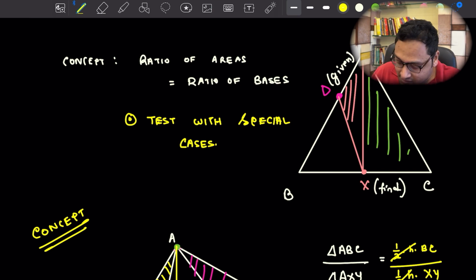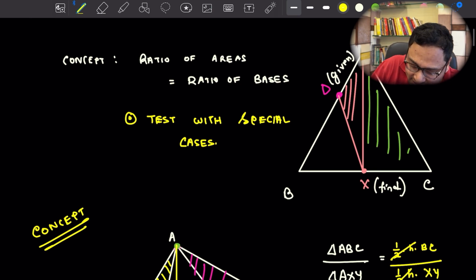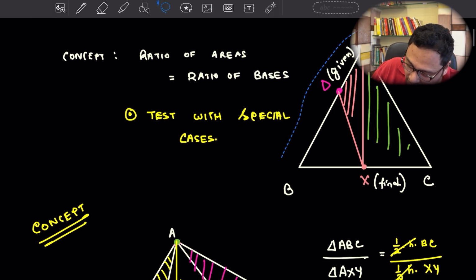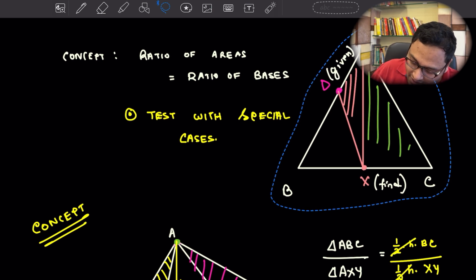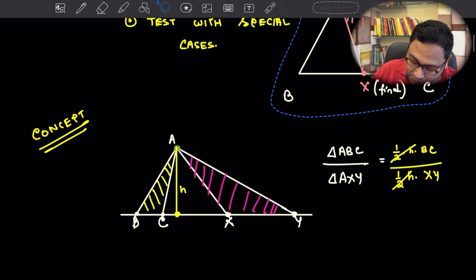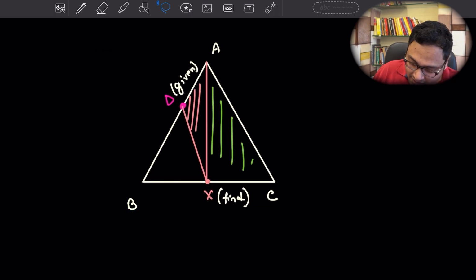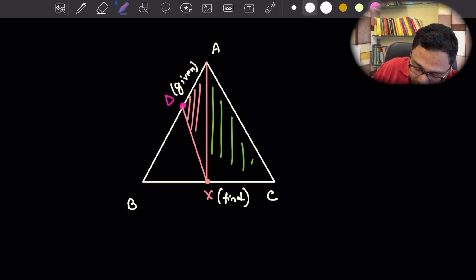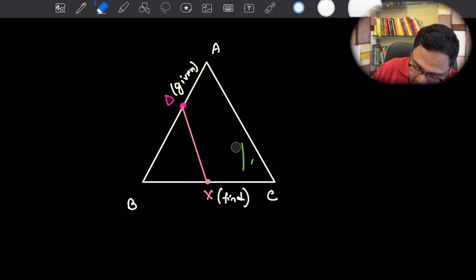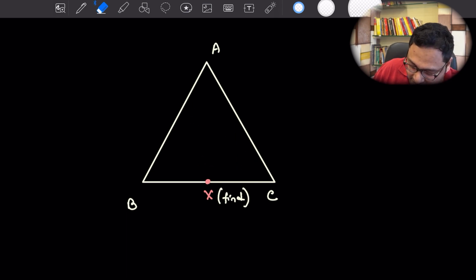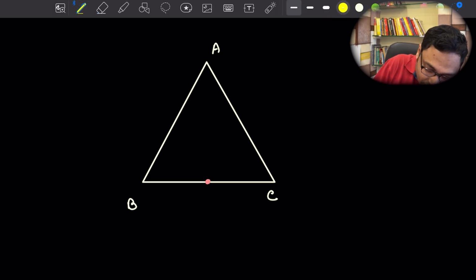Okay. So let's take this little triangle and put it here. Now assume, let's remove this. Let's test with the special case when D is midpoint of AB.